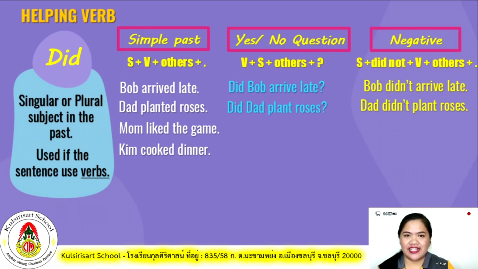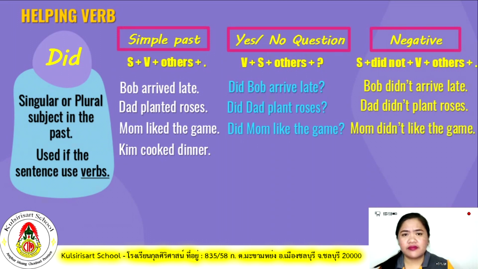Next, Mom liked the game. It will become, did Mom like the game? Okay. Now we have, Mom didn't like the game.